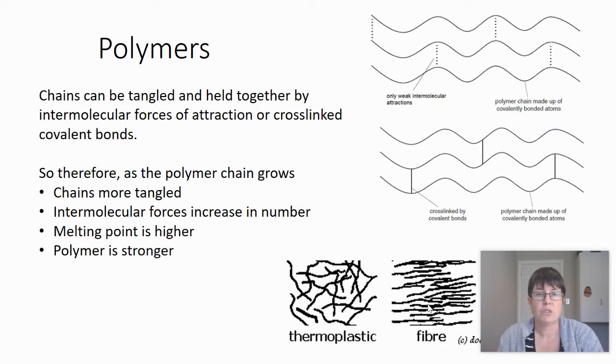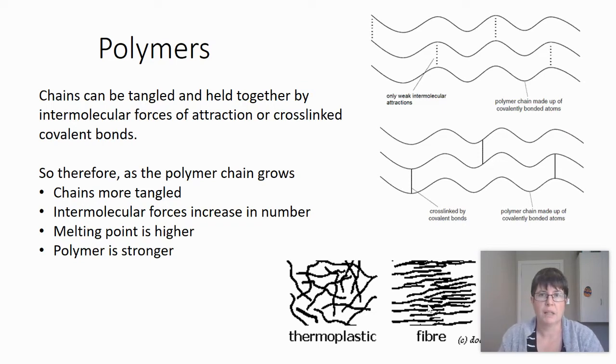So let's look at the structure of polymers. These big long chain molecules can be tangled, and the long chains are held together by intermolecular forces of attraction or cross-linked covalent bonds. As the polymer chain grows, the chains become more tangled. The intermolecular forces increase in number and the melting point is higher.